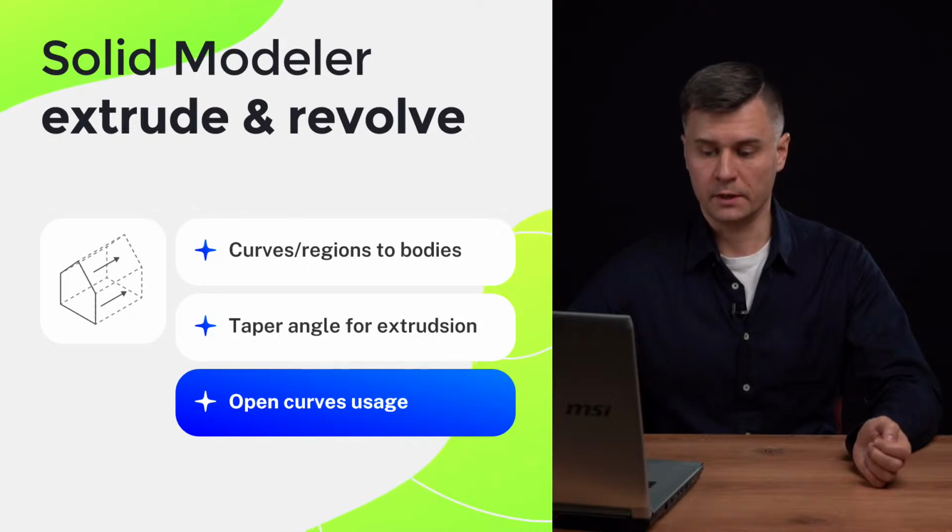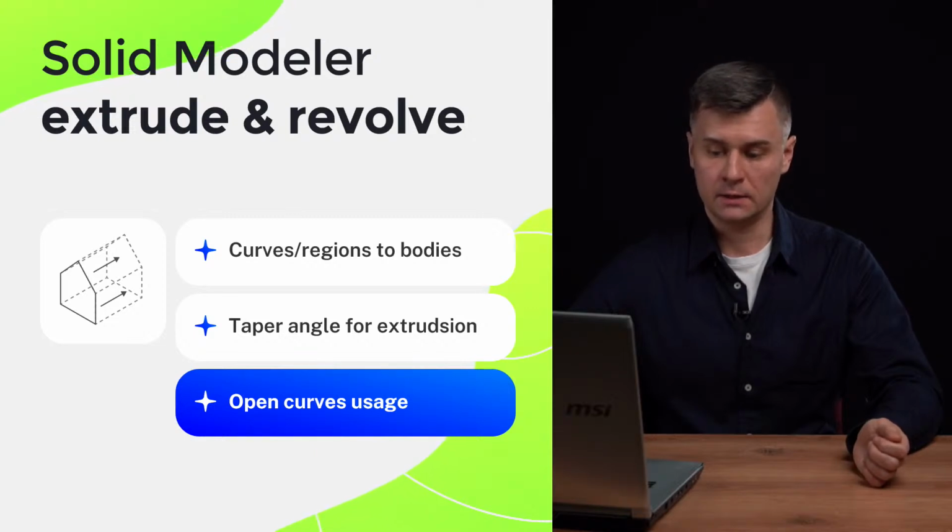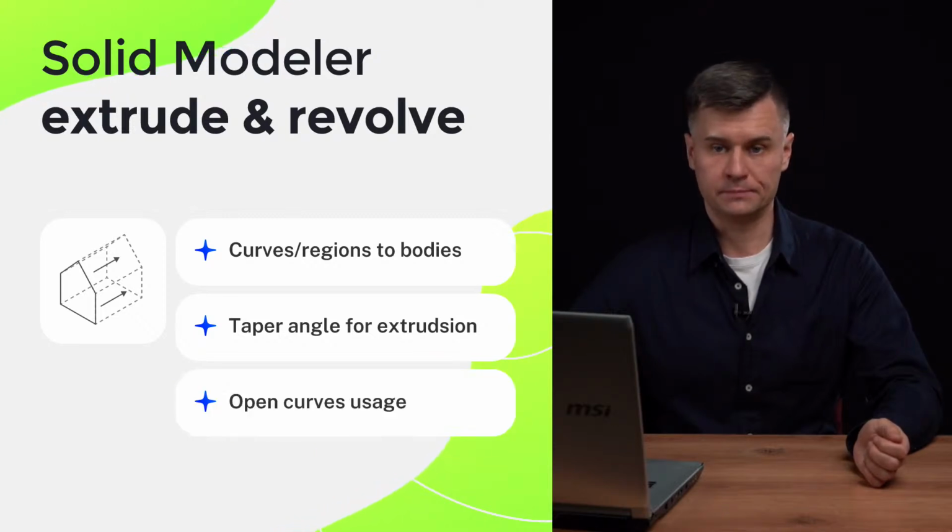Two more interesting improvements. The first one: now solid bodies may be created by means of revolution from open curves, and in such cases the endpoints of the curve are extended towards the rotation axis and then closed. And in addition, we have incorporated support for revolution axes that lie outside of the profile plane.